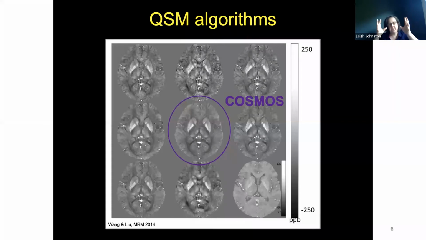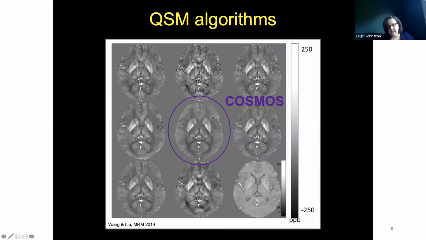So what Cosmos is attempting to do is see the brain structures at differing angles to the main magnetic field. Because there are all sorts of anisotropies in here, which I haven't talked about, but essentially imagine this dipole kernel. If you can see the tissue at various angles to that dipole kernel, which is defined by the main magnetic field, you've got a better chance of undoing it, right?